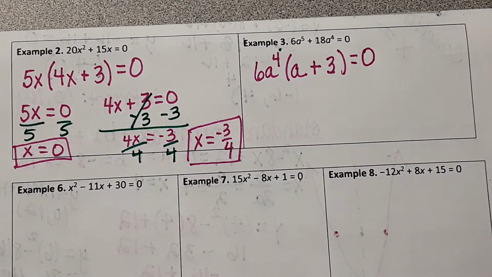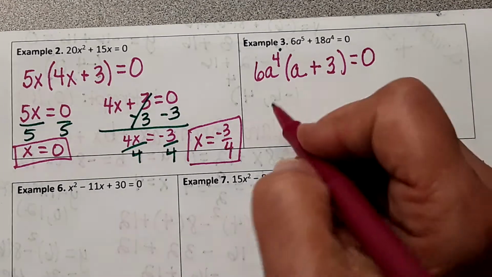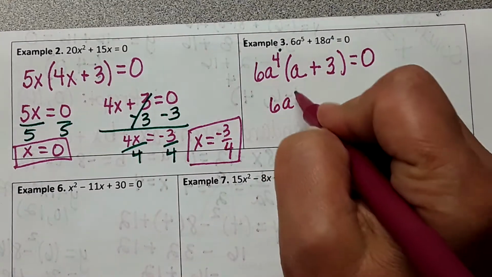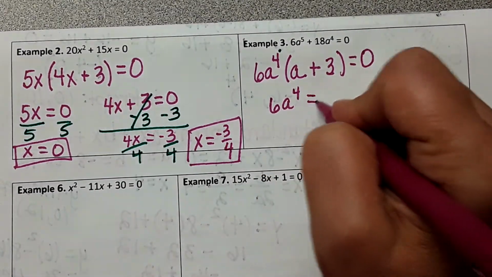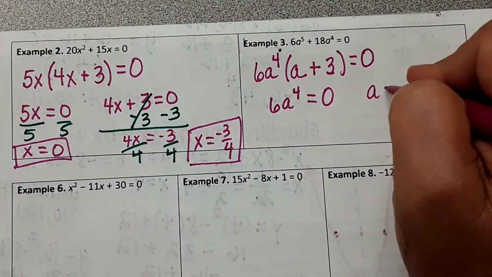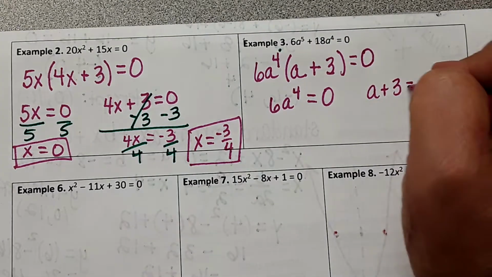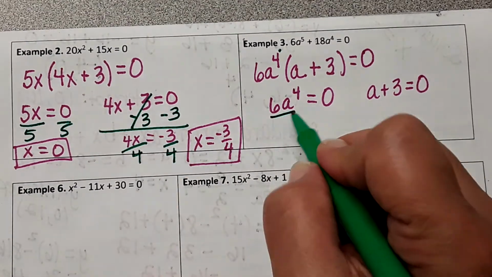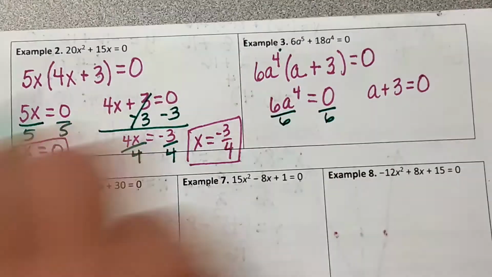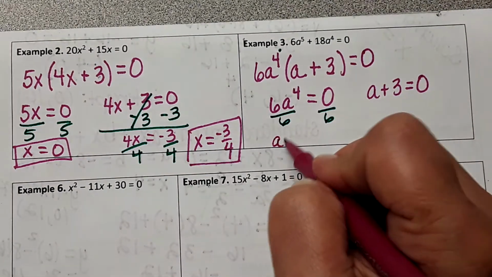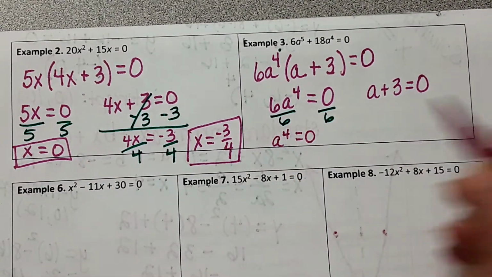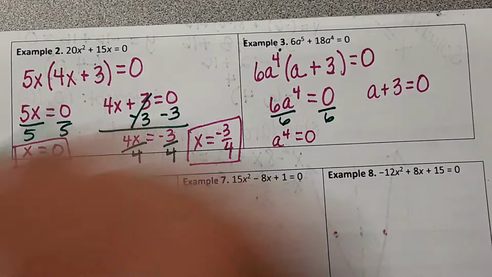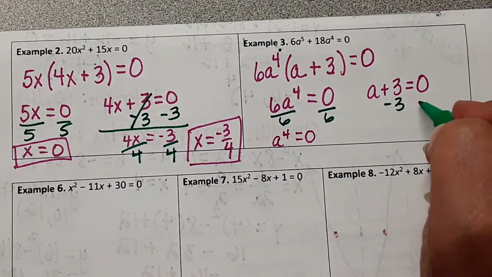Now we're going to use the zero product property and we're going to set them equal to 0. So I would have 6a to the 4th equals 0, and I would have a plus 3 equals 0. Now, notice I left a to the 4th.